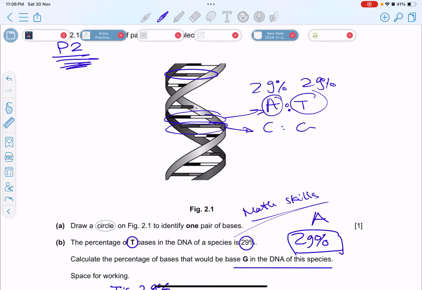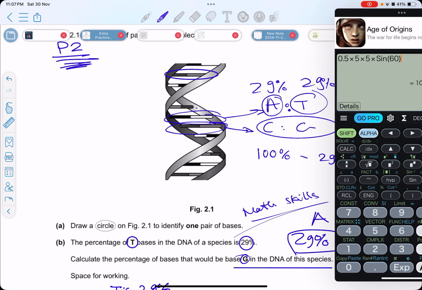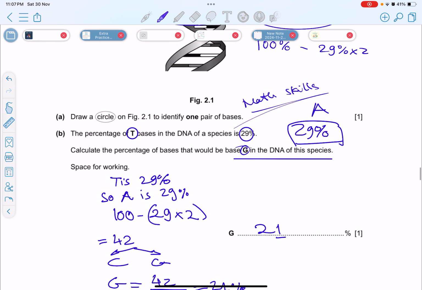And to know the base G, I need to know the remaining percentage, which would be 100% minus 29% times 2, which is 100 minus 58, which will be 42%.